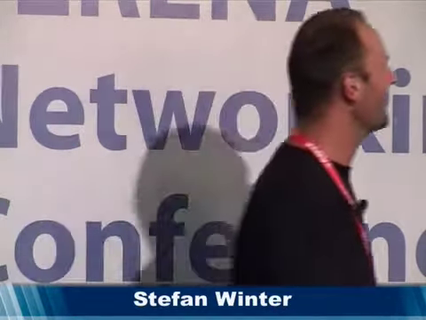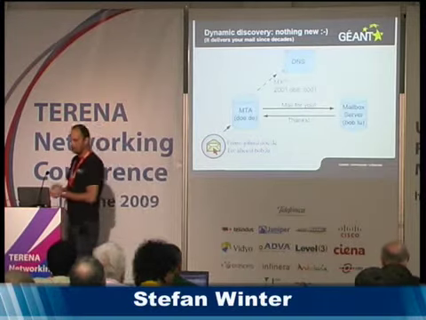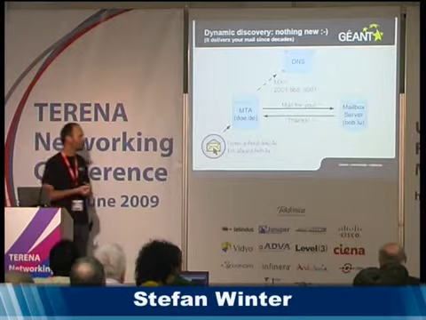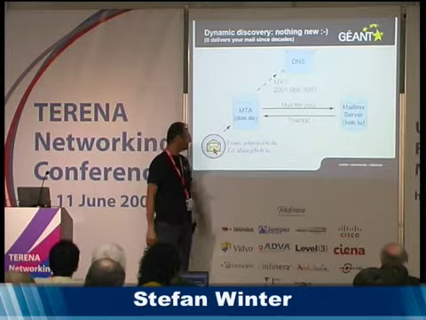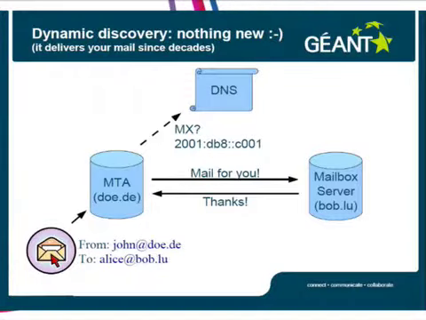If you ever wrote or got an email, there was some kind of dynamic discovery involved, and a fairly simple one. So assume that this John here wants to write an email to someone at the domain bob.lu. Then the originating domain, the MTA, has the problem of finding out who is responsible for email in the domain bob.lu.